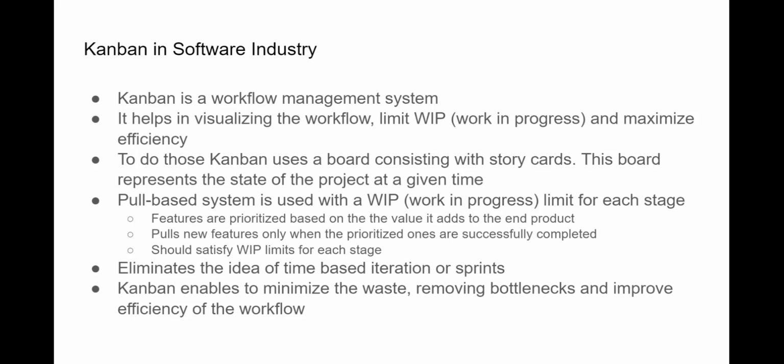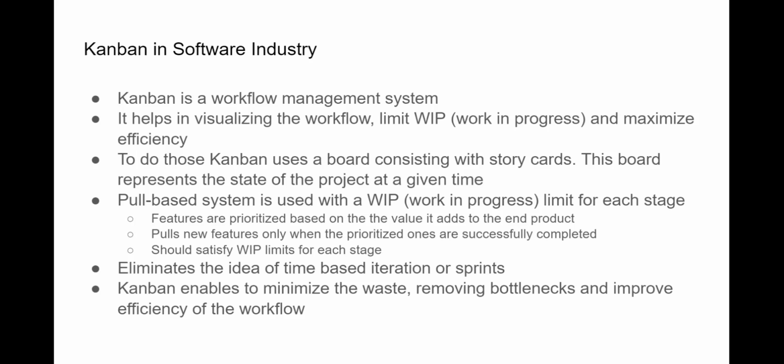These story cards are categorized into different stages in the Kanban board, such as to do, in progress, and completed. As opposed to the idea of time-based iterations or sprints used in agile methods like Scrum, Kanban uses a pull-based system with a work in progress limit for each stage. When a task or feature is developed and moved into a different stage, a new feature is pulled into the system or a stage while satisfying the work in progress limits for that specific development team.